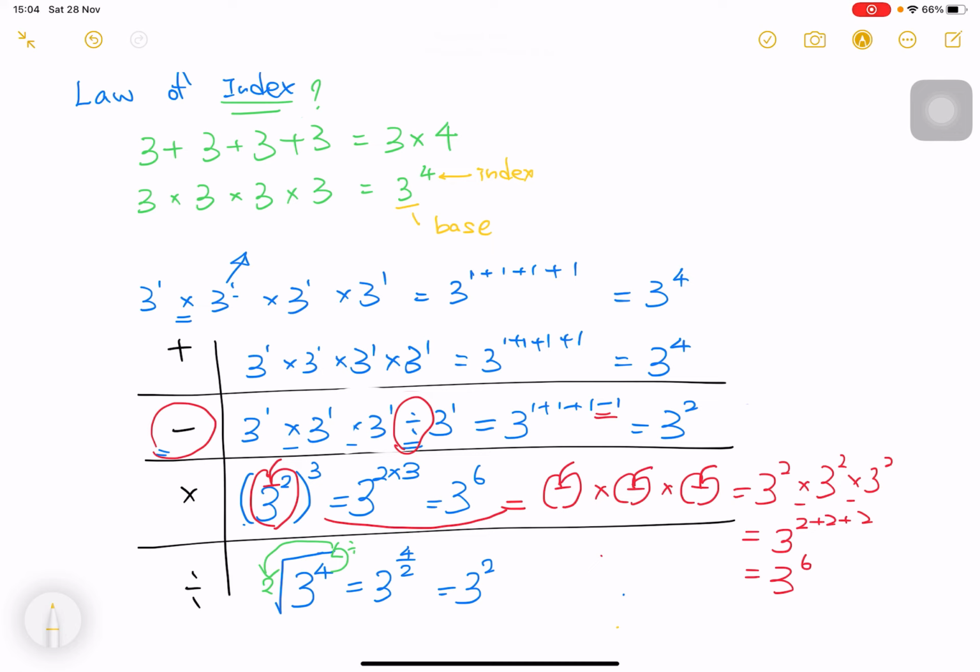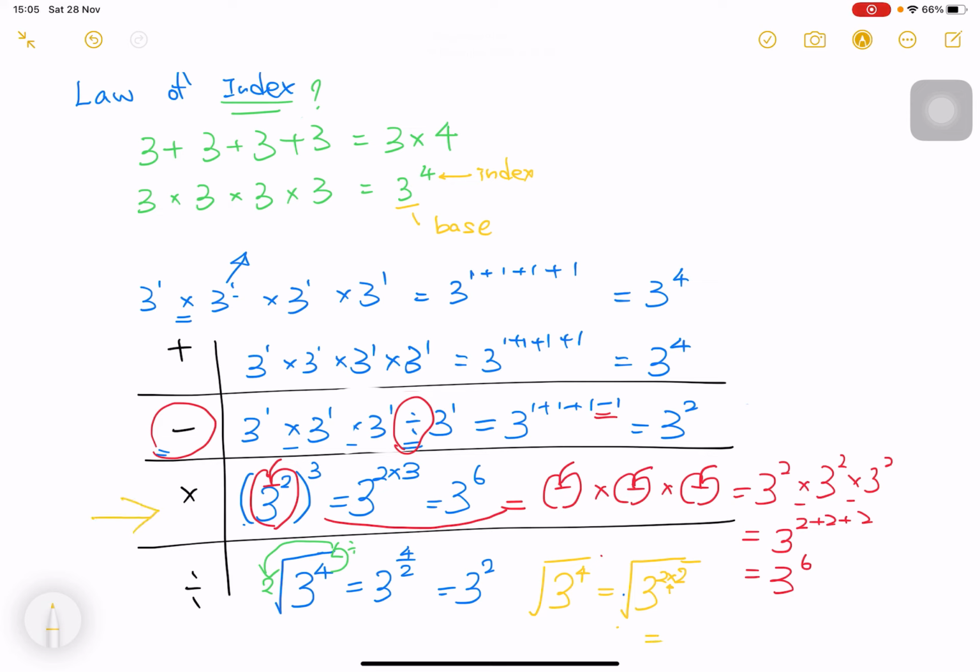If you don't use this method, if you use the method that you learned before, 3 to the power of 4, and then the root of it is equal to 3 to the power of 2 times 2. We know that from the times here, we can change this back to the bracket like we just learned before.